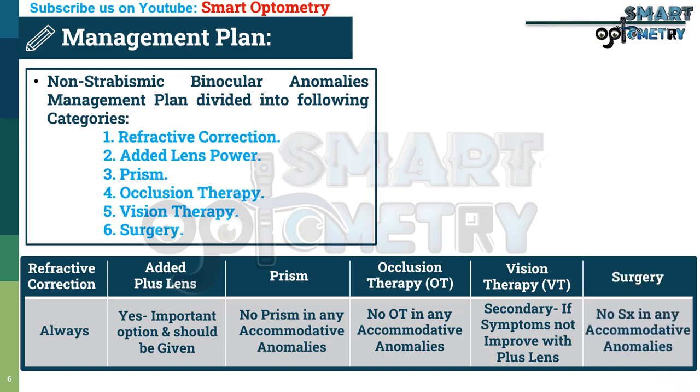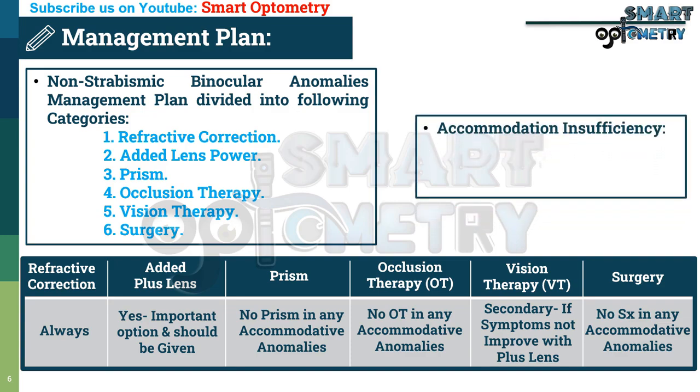Surgery. No surgery is advised in any accommodative anomalies. So, overall accommodation insufficiency management plan includes 1. Refractive correction, 2. Added plus lens, 3. Vision therapy. Let's see how to give correction in accommodation insufficiency and how to determine added plus lens power.